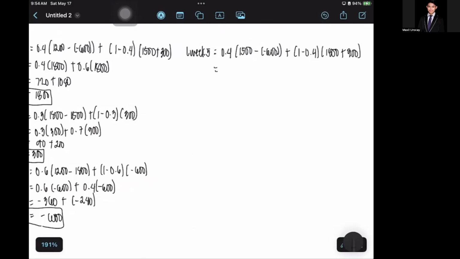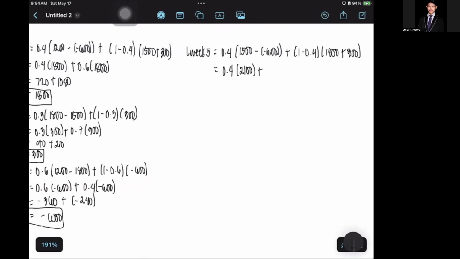Okay, so 1,500 minus negative 600, that is 2,100.